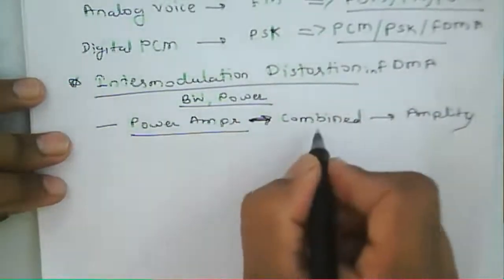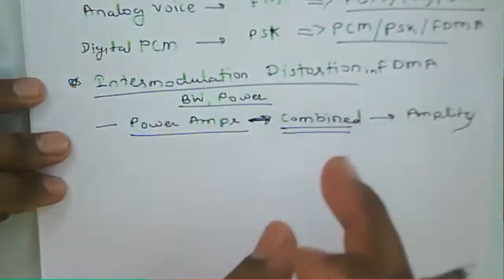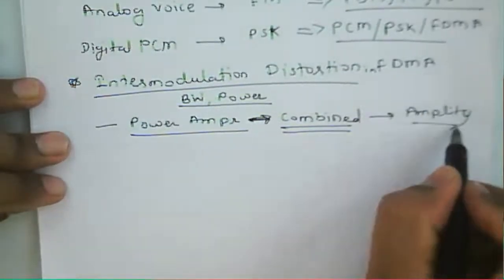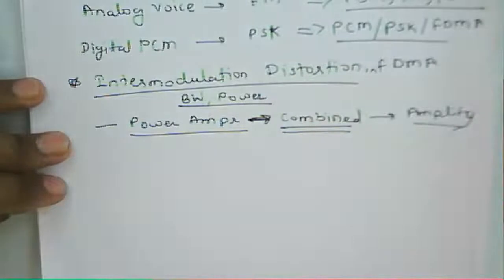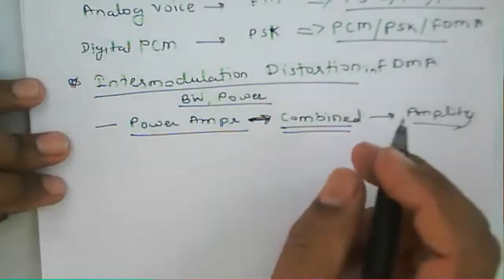Now when it combines multiple signals and then amplifies, there are limitations regarding the output power of the amplifier.